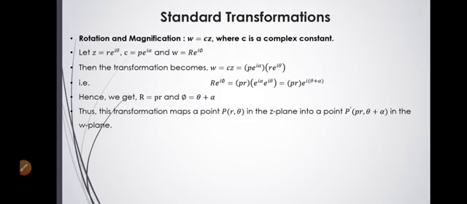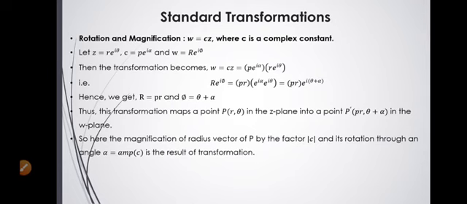Thus this transformation maps a point in the Z plane, that is P(r, theta), into a point P dash which has radius vector p r and amplitude theta plus alpha in the W plane. So the magnification of the radius vector of P is by the factor modulus of C, and its rotation through an angle alpha, which is the amplitude of C, is the result of the transformation.